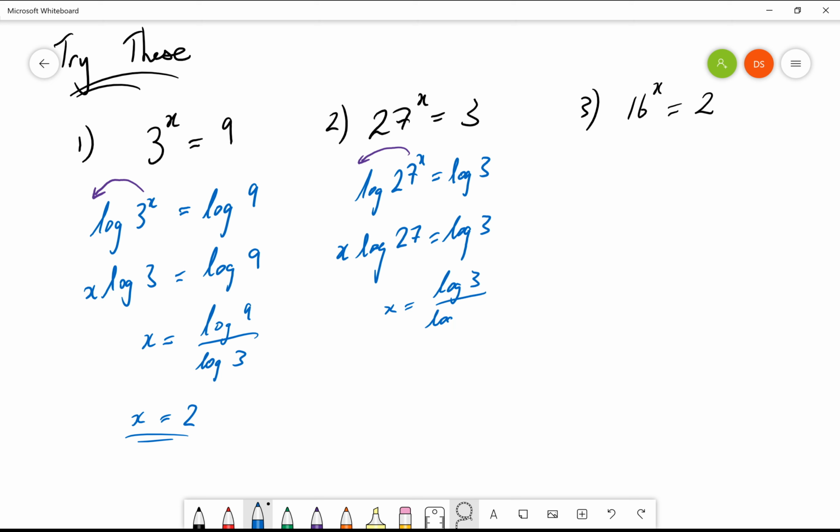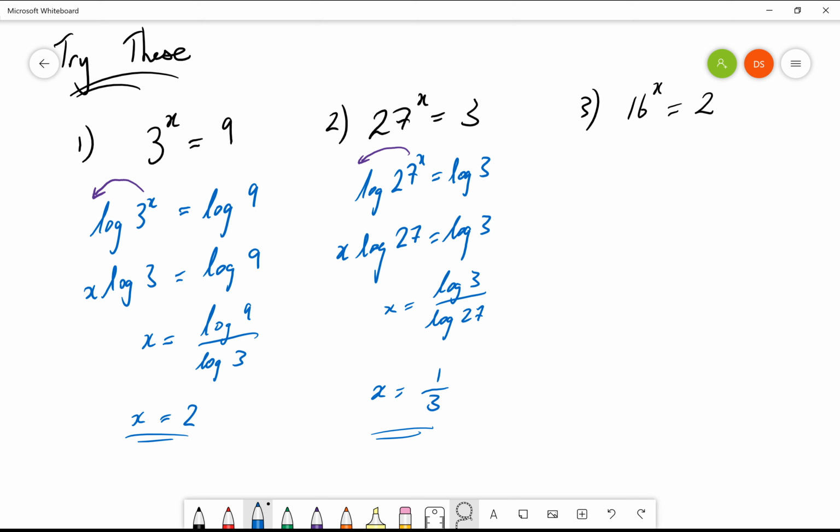And you can sort of tell that it's going to be a fraction now because the bottom's bigger than the top. Okay? But once again, what is the power of 27 that gives you 3? Well, if you type this into your calculator, you will get a decimal, but a fraction is 1/3. Because 27 to the power of 1/3 gives you 3.